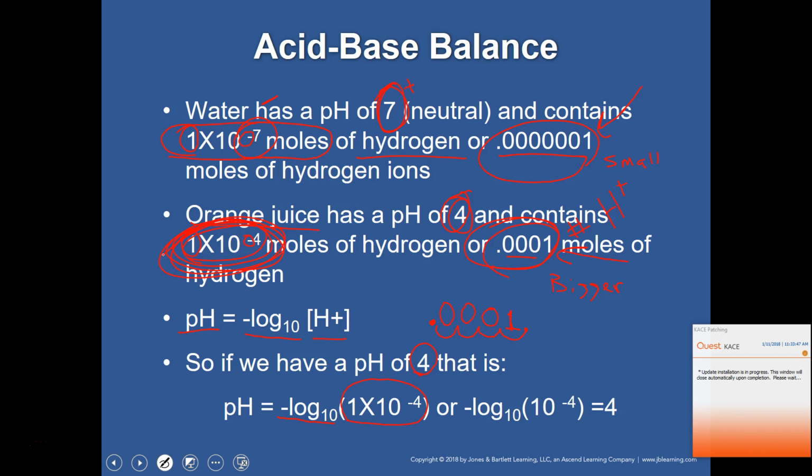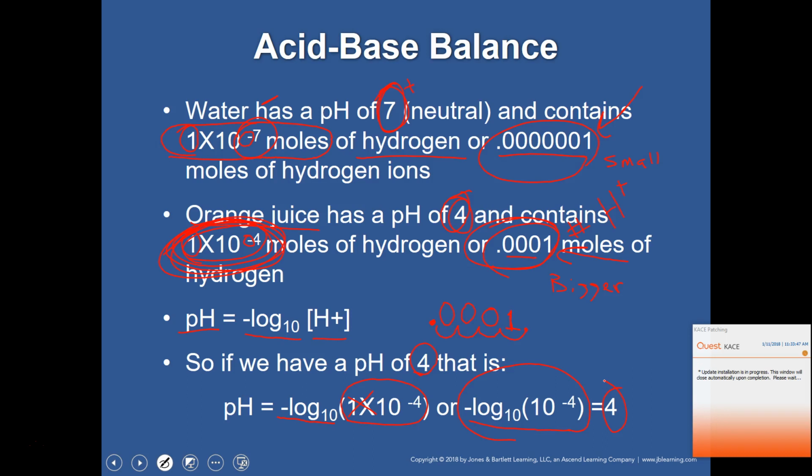Another way that we can put it, we can get rid of this 1 down here, because 1 times 10 is still 10, right? So we can get rid of this 1, and we can show it like this, which will give us this number here, ultimately, in our pH.